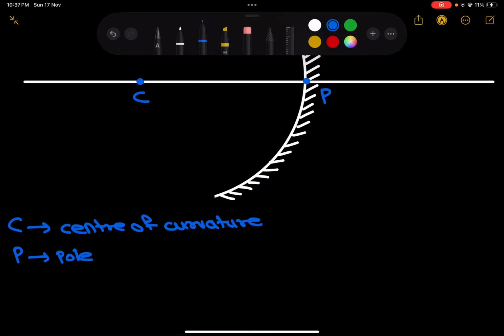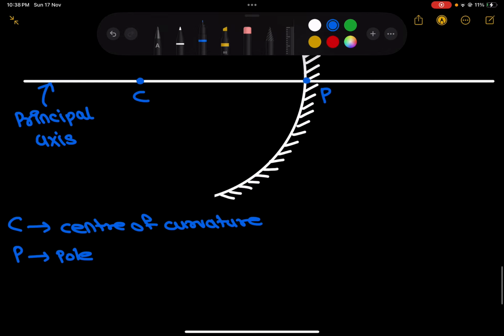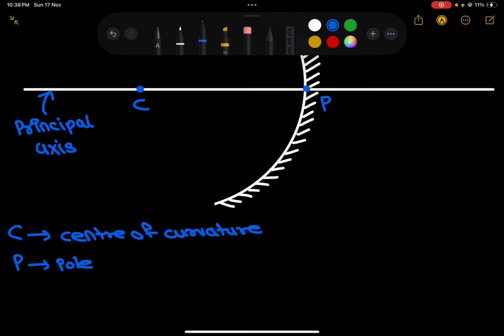Okay, easy to understand up till now. Okay, now next, this line is known as principal axis. The line connecting the center of curvature and the pole is known as principal axis. It is an imaginary line. Okay, it is drawn for our reference. I'll just let it be like that.